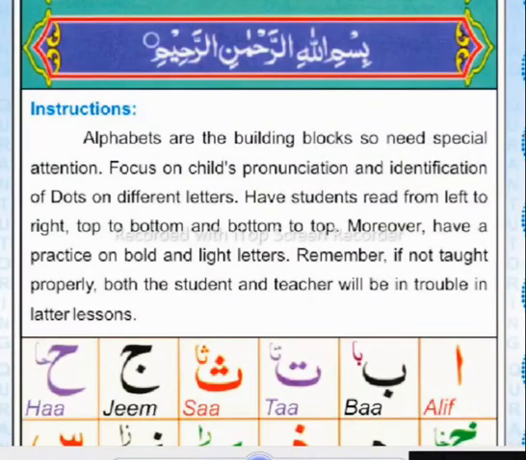Let's start reading that. In this lesson, we will understand and learn the shapes of the letters, the different dots, what the uses of dots are, and also the pronunciation of the letters. First of all, we will understand the shape. When we understand the shape, after that we will try how this letter can be pronounced.